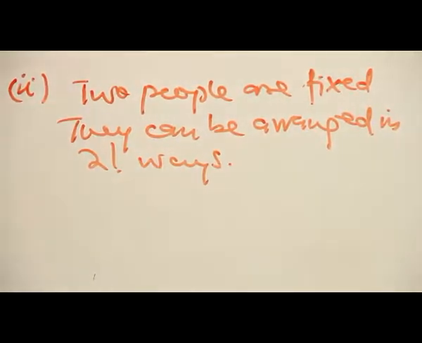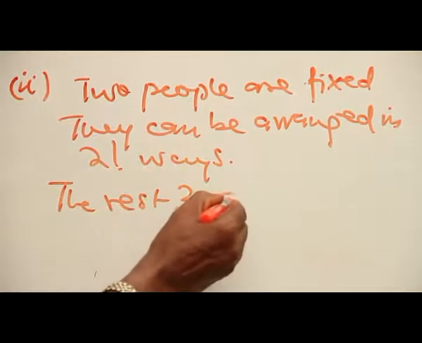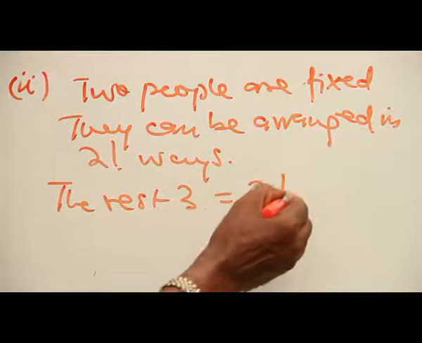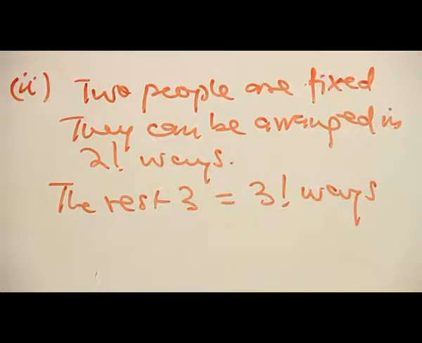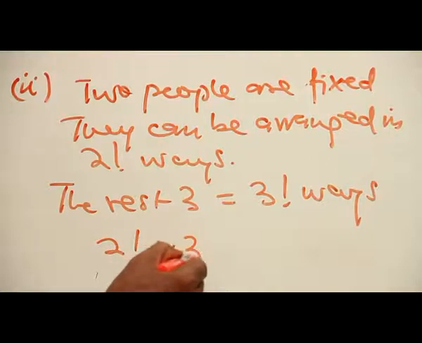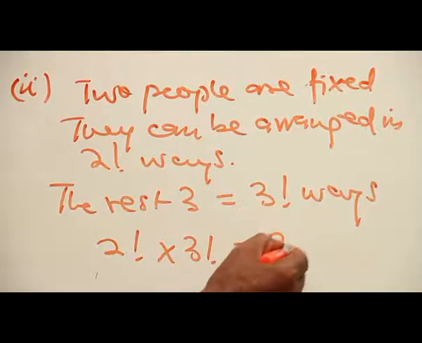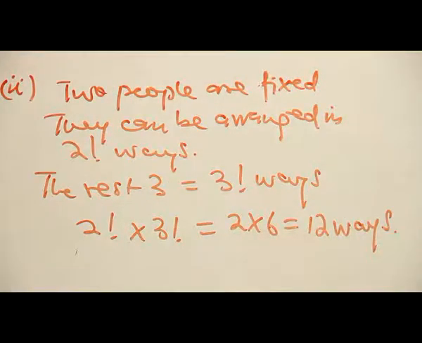Then the remaining 3 people can be seated in 3 factorial ways. In other words, the total number of ways this can be done will be equal to 2 factorial times 3 factorial, which is equal to 2 times 6, and that's equal to 12 ways. So the number of ways that this can be done will be multiplying 2 factorial by 3 factorial.